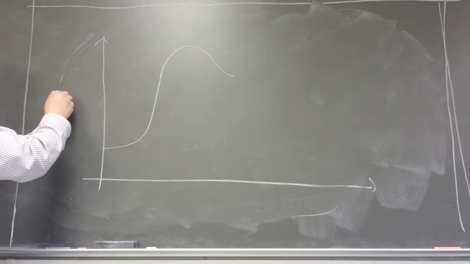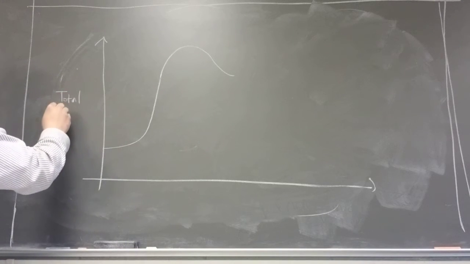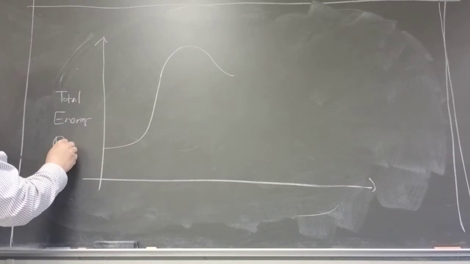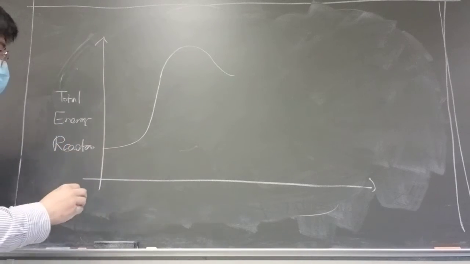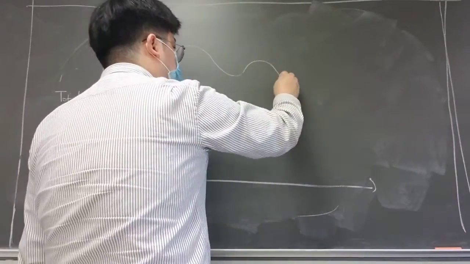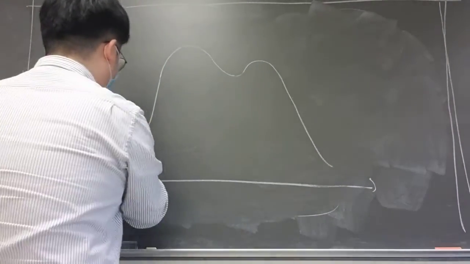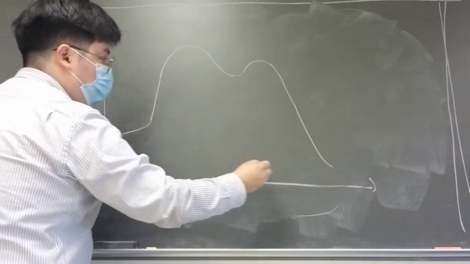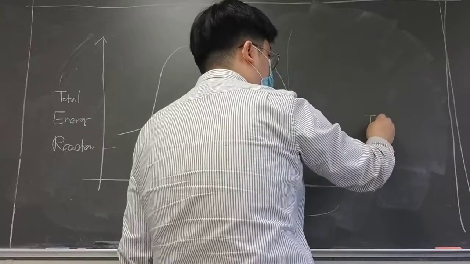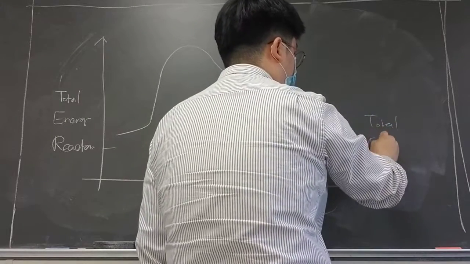So this is the total energy of the reactants, all the reactants. And whenever we go to maybe this part, this actually indicates the total amount of energy of the products.